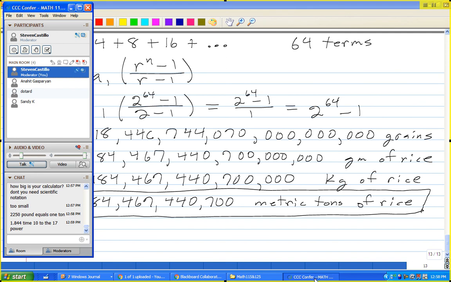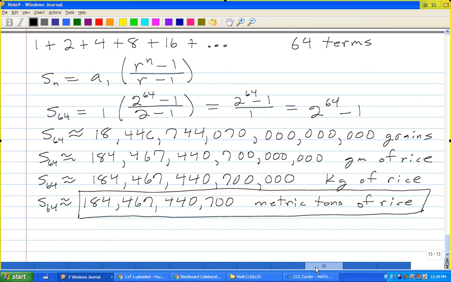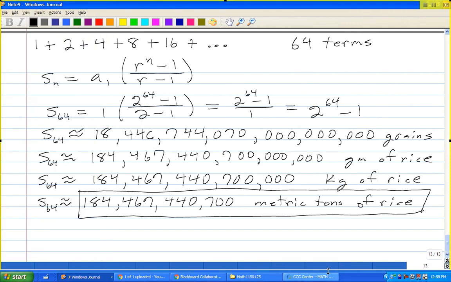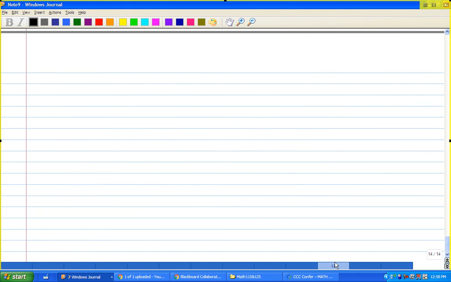Yes, so it's a 2, 4, 6, yeah, something of that sort. 17, 2, 4, 6, 8, 10, 12, 14, 16, 19. So it's 1.844 times 10 to the 19 grains, 10 to the 17 grams of rice.